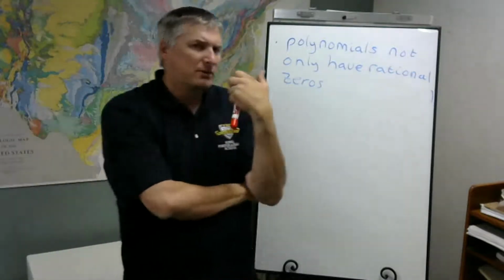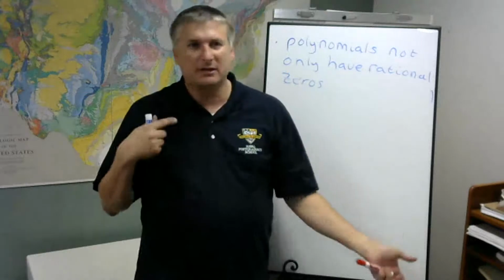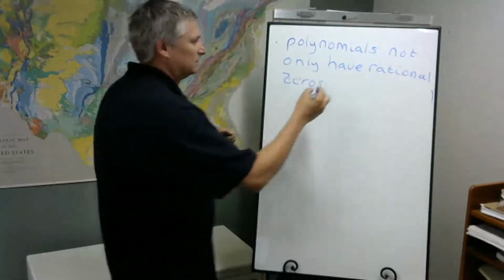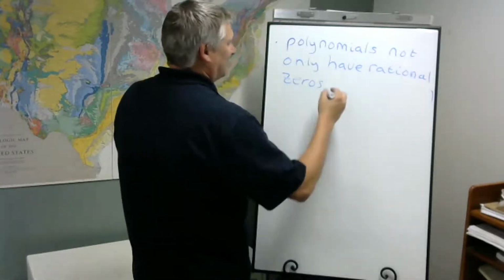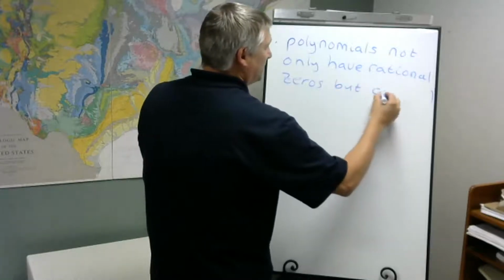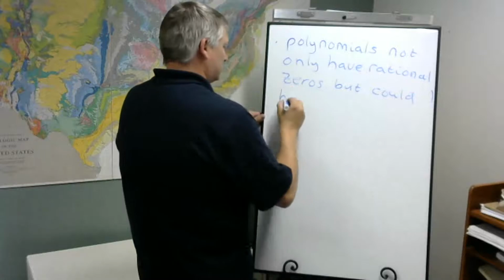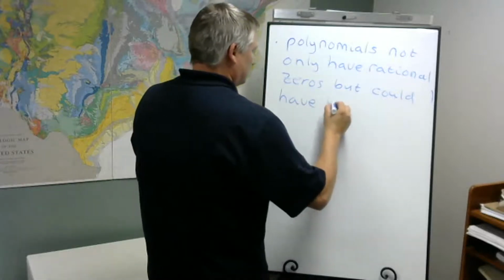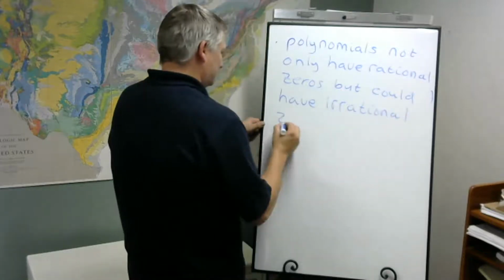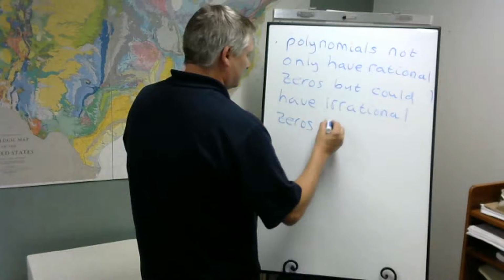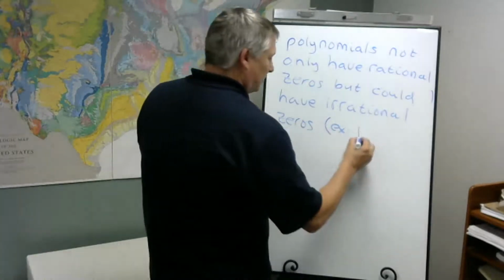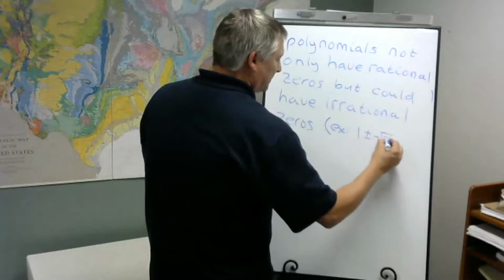Not only are rational numbers fractions, they're also integers, like -3, -4, 7, and 23. But they could have irrational zeros and, for example, what we just saw, 1 plus or minus the square root of 7.